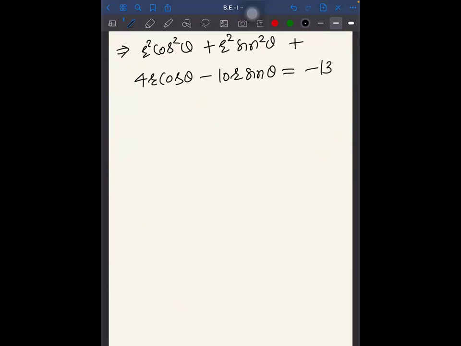You're with me? Okay, so now this becomes your r square, plus 4r cos theta minus 10r sin theta plus 13 is equal to 0. So that would be the final answer. We cannot go further.